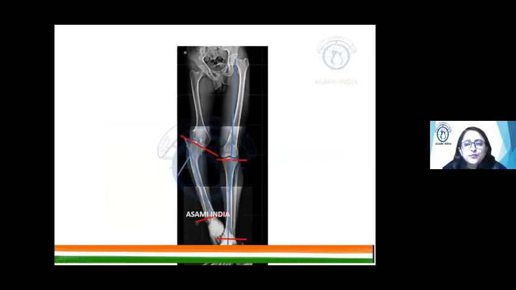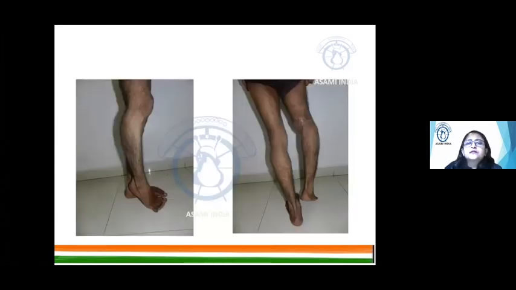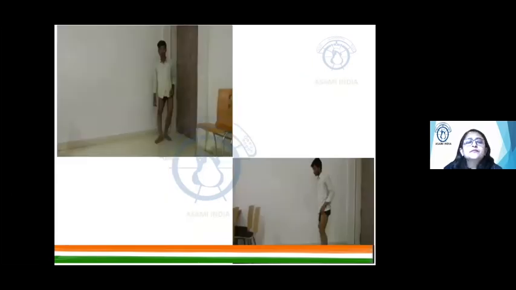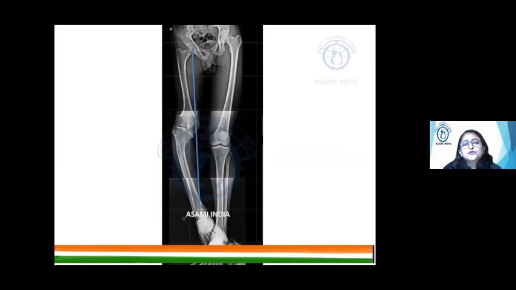So this is one example. This is a post-traumatic deformity, both in proximal tibia and distal femur. So in this case, he had a lot of scarring and shortening. So after doing planning, you can see the CORA is here.